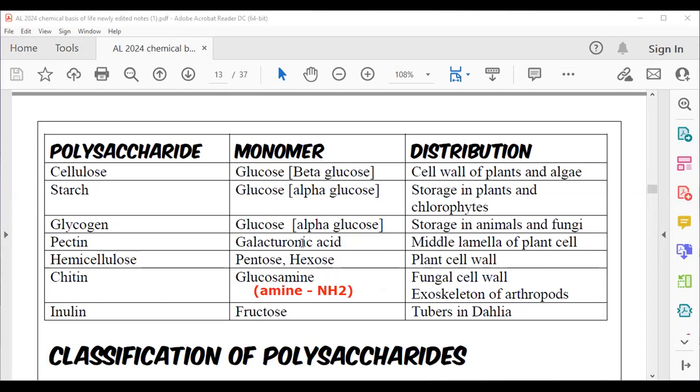Yes, sir. So, chitin contains carbon, hydrogen, oxygen, and whom? Nitrogen. Nitrogen in the structure.